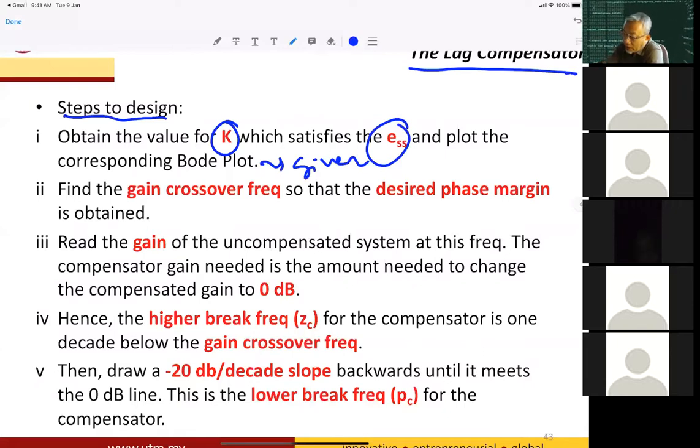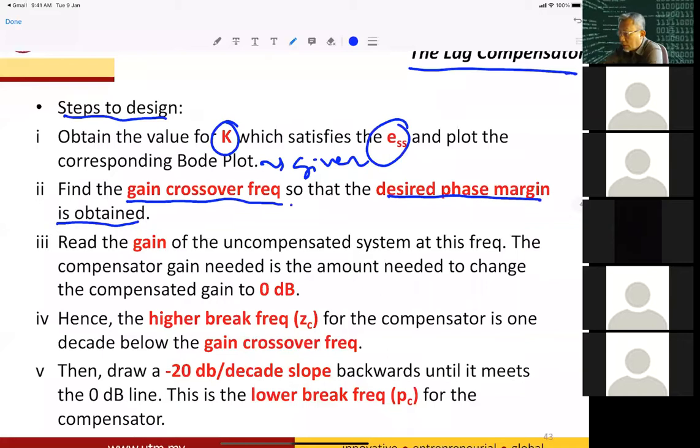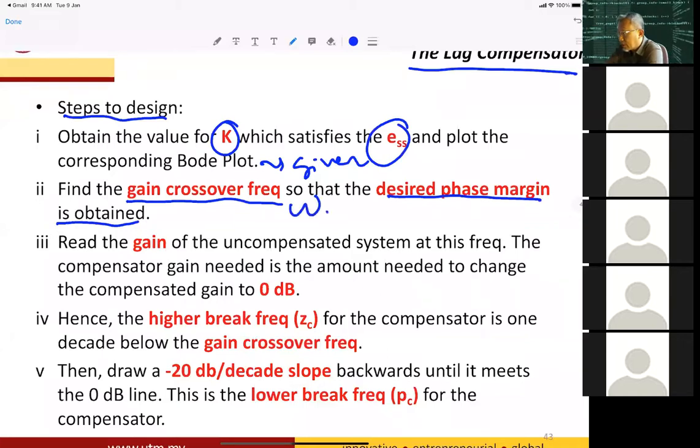And then find the gain crossover frequency so that the desired phase margin is obtained. So you have to find the gain crossover frequency, omega GM.